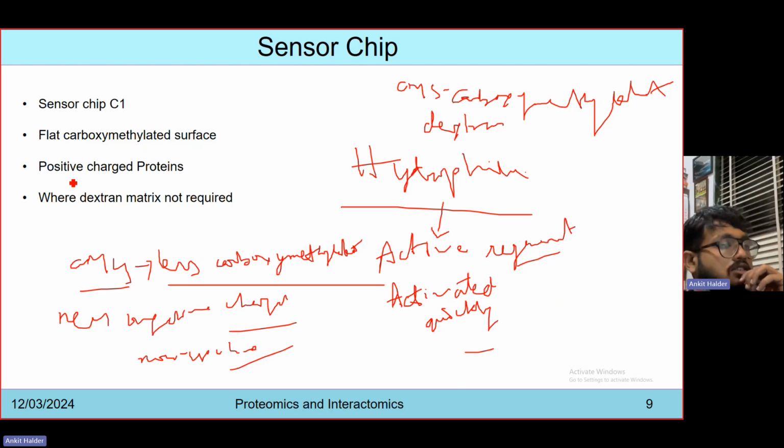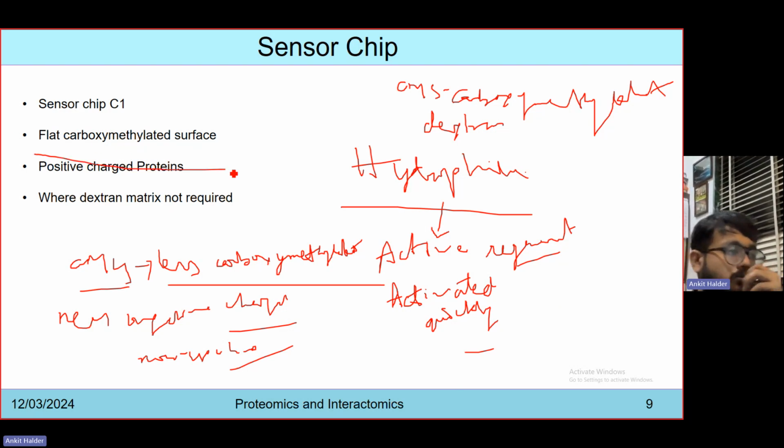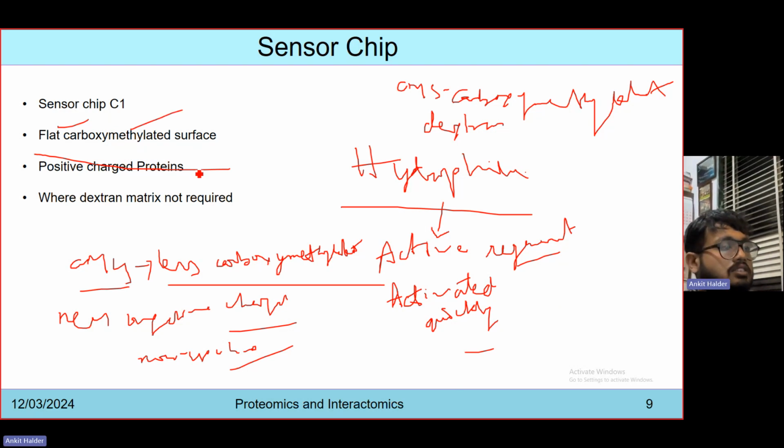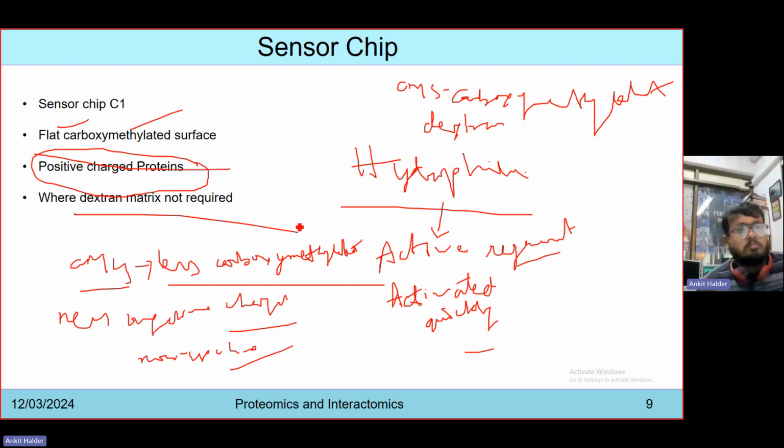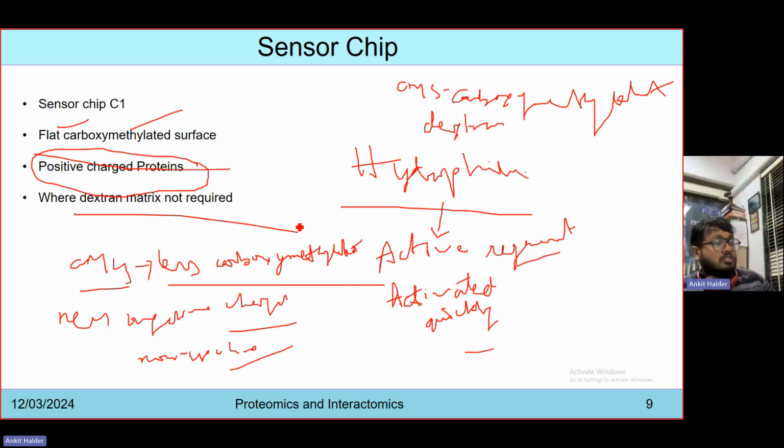Now this is sensor chip C1, which has a flat carboxymethylated surface. It is used for positively charged proteins, and the dextran matrix is not required. So this is the simple carboxymethylated surface.